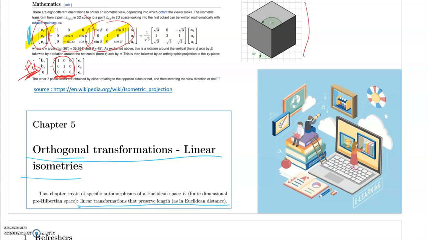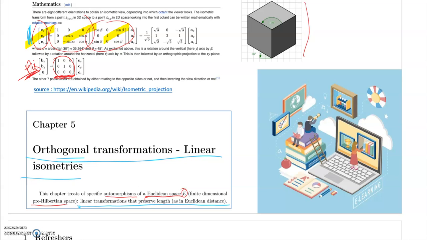So for that chapter, as I said, it's called orthogonal transformations or linear isometries. We're dealing with automorphisms. I remind you, it's just isomorphism, meaning bijections, from one linear space into itself. In our case, our linear space is going to be assumed to be Euclidean, which means it's a nice space where you have defined a good inner product that makes it a pre-Hilbertian space, and if it's finite dimensional, then it's called Euclidean.